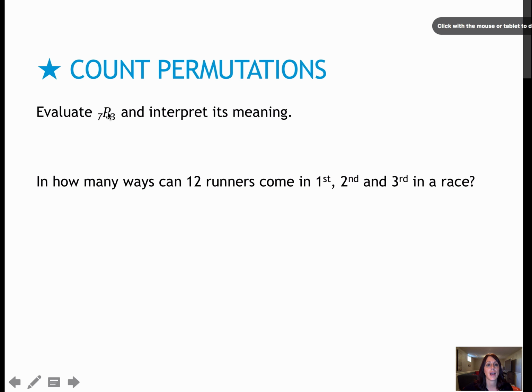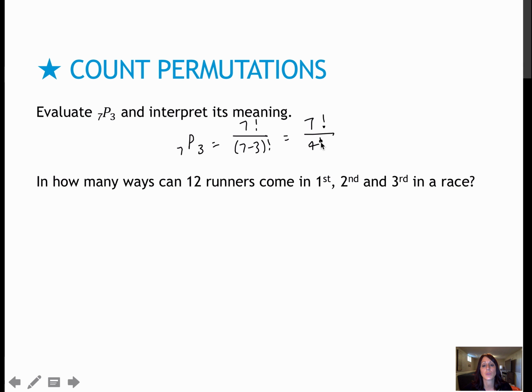So for the first, I have 7 items, 3 at a time. And again, that tells me that it is 7 factorial over 7 minus 3 factorial. So I'm subtracting the 3. So 7 factorial over 4 factorial, which would be 7 times 6 times 5 times 4 factorial.